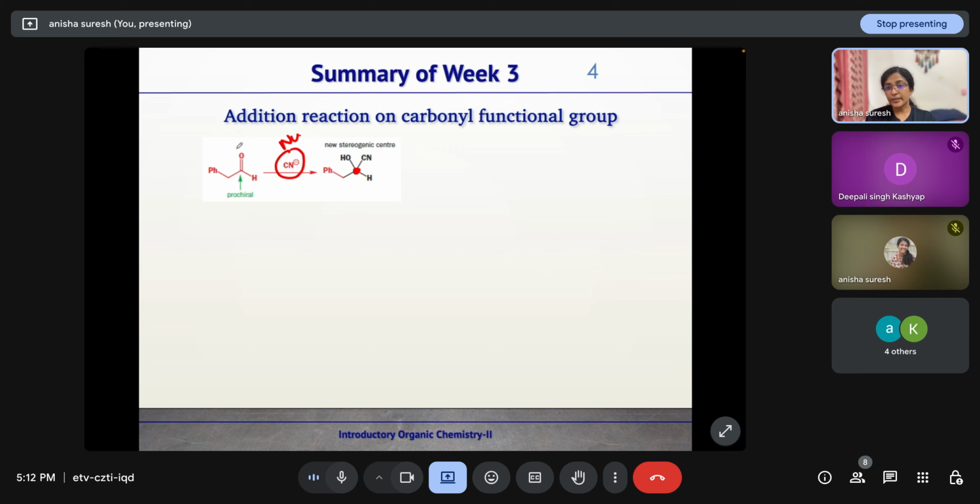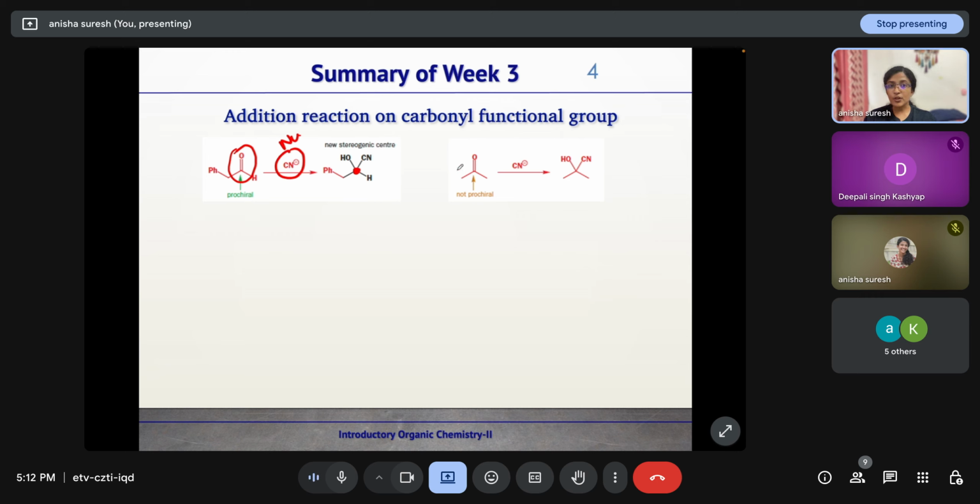So whichever center leads to the formation of a new chiral center is known as prochiral. Initially it was not a chiral center, but after the addition of the nucleophile, it has resulted in the formation of a new chiral molecule. So this center is known as prochiral center.